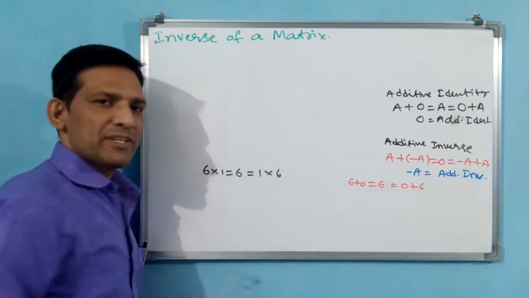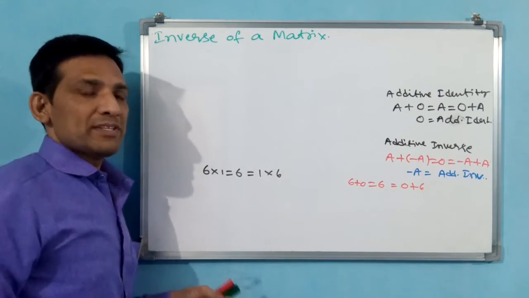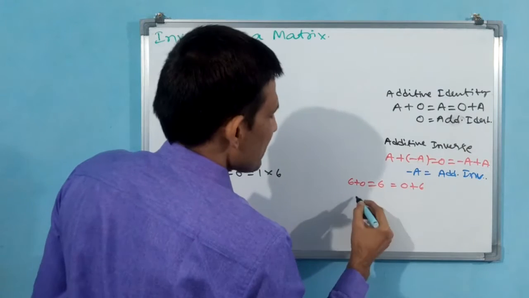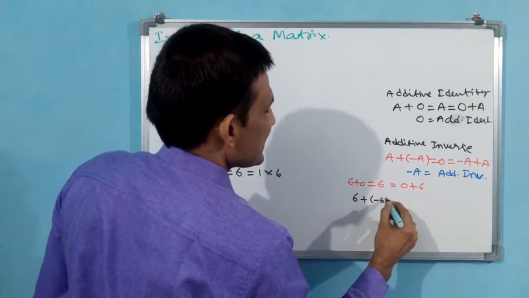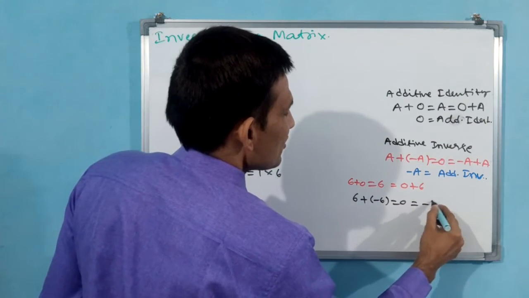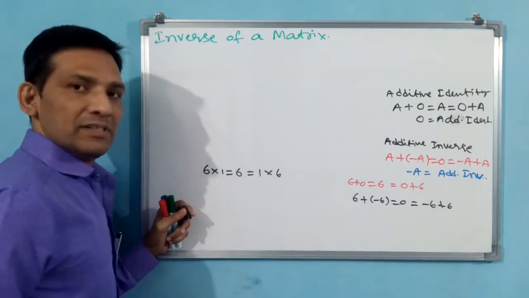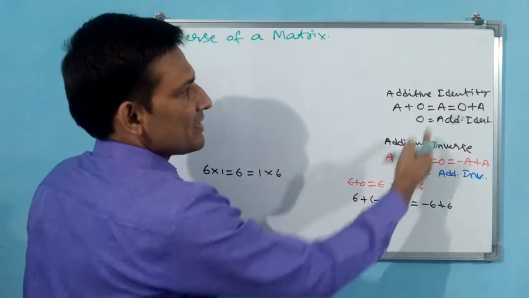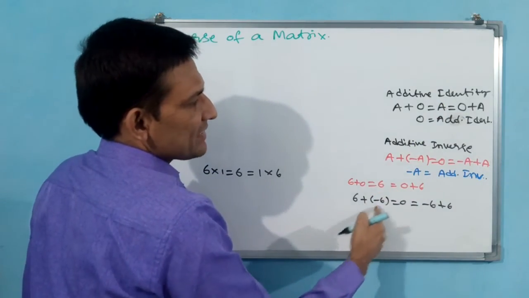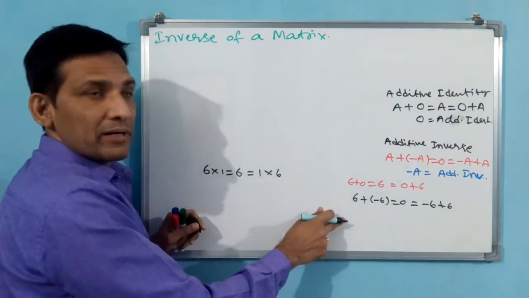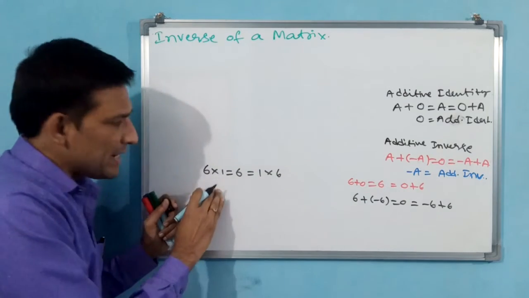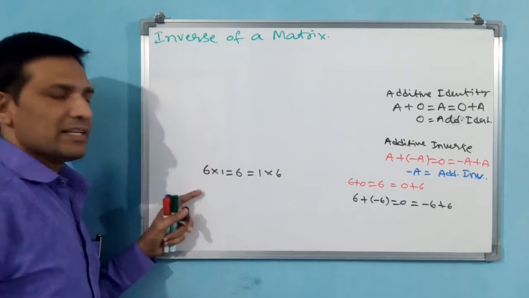Here I have taken 6 plus 0 is equal to 6, 0 plus 6 is equal to 6. And for this I am taking 6 plus minus 6 is equal to 0, that is equal to minus 6 plus 6. Is it okay for understanding these two? 0 is additive identity, minus 6 is additive inverse for a number, not for a matrix, for a number. Like this, let us take numbers first here.